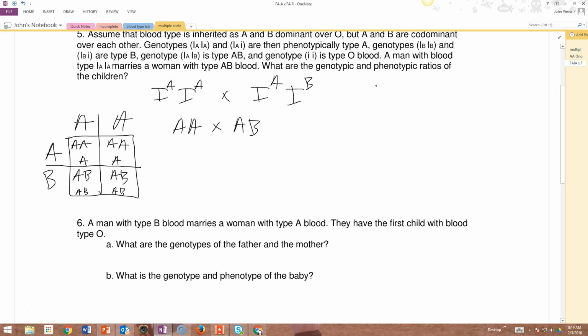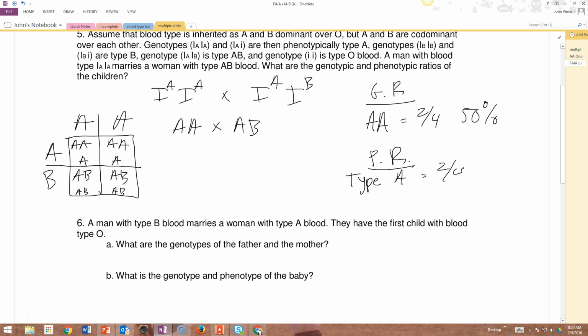The genotypic ratio: AA, it's 2 out of 4, 50%. The phenotypic ratios, that's what that abbreviates for. Type A, there was 2 out of 4, 50%.